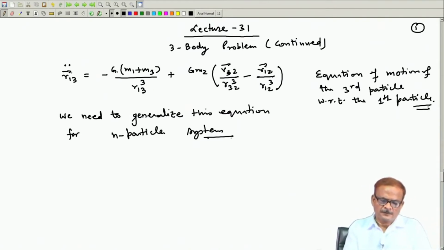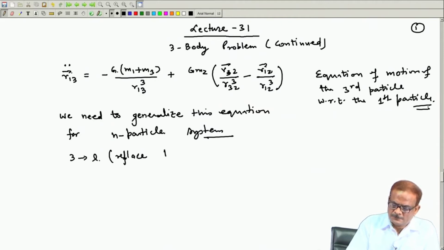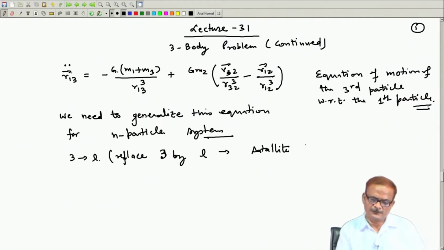For that, we replace 3 by L, that is the satellite, or you can even use the S notation to indicate this is the satellite.